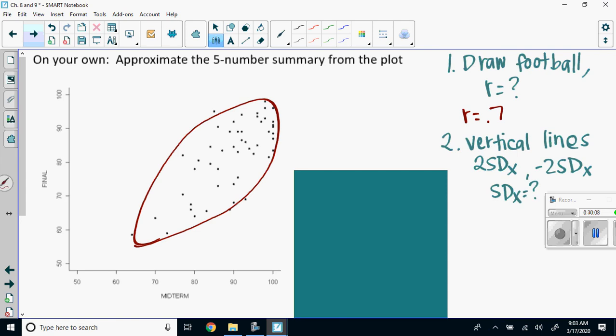So I'm going to go to the edge of the football. These vertical lines represent the horizontal distance. Don't let that confuse you. The center, you know what? I should have said this is step 3. Step 2 should have been the point of averages. Sorry.